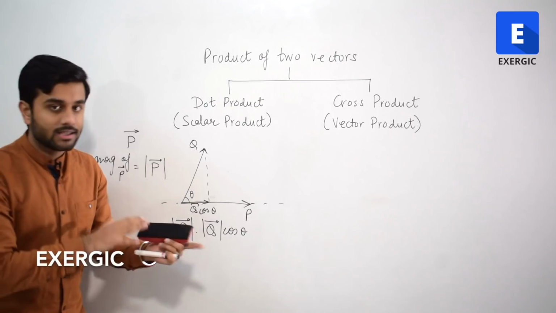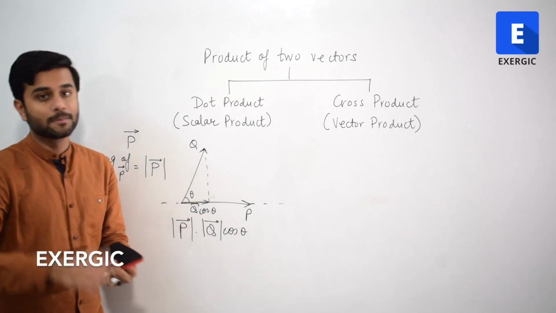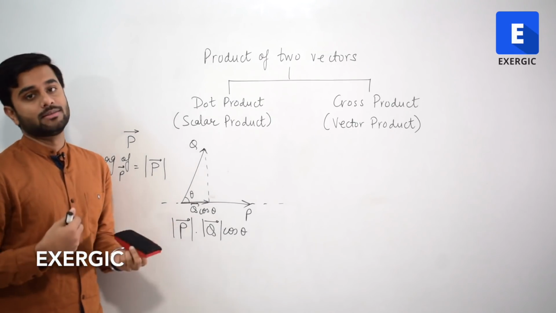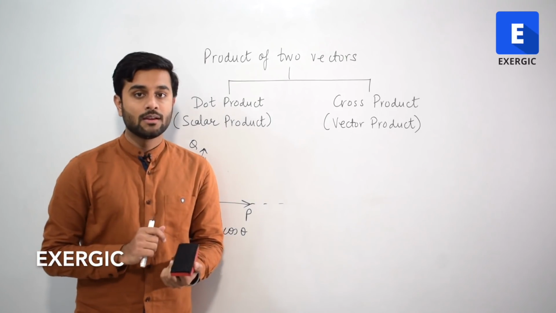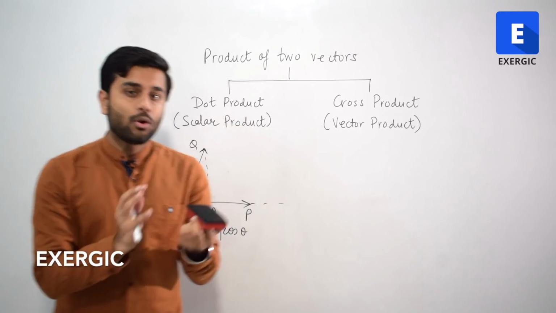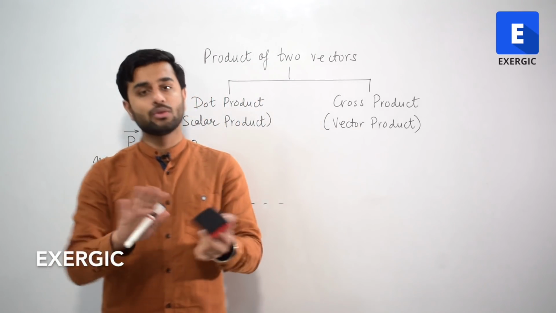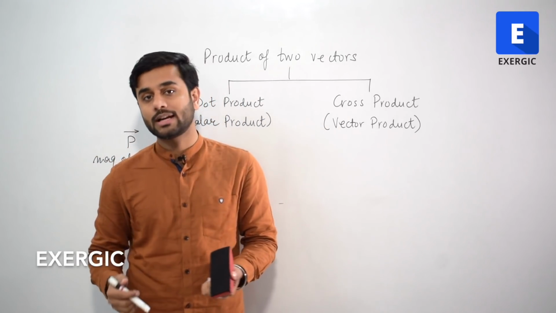I have just defined the product right now. I have not even told you till now what the purpose of it is. Why do we want to do this? If you have two vectors, for example, one is force, other is displacement. You know that whenever we are calculating work, we always want the displacement in the direction of force, right? And if you don't know that, then you will know this by the end of mechanics, because we will talk about that.